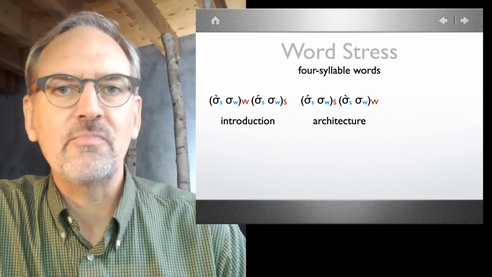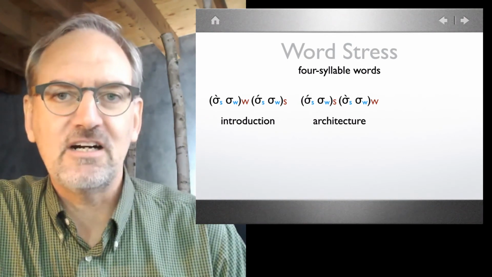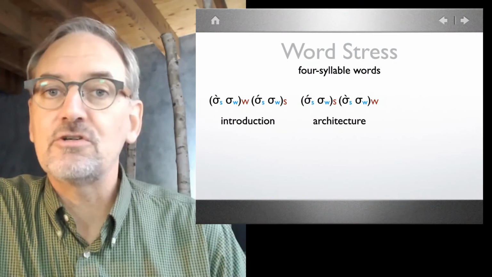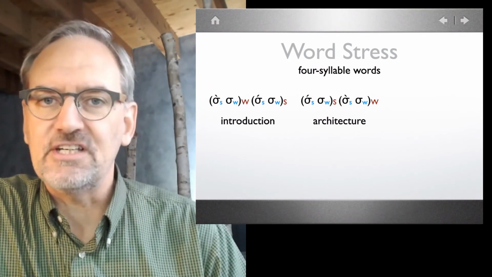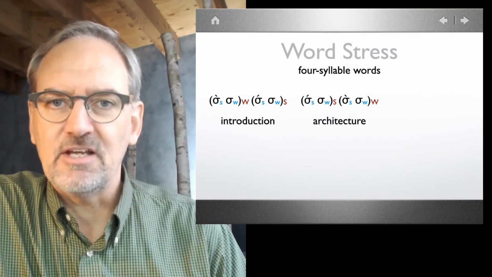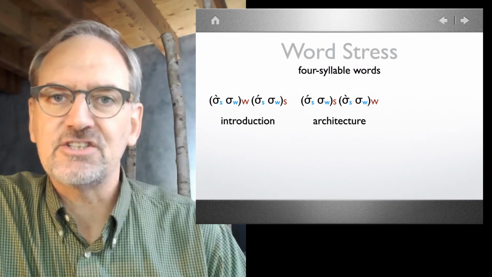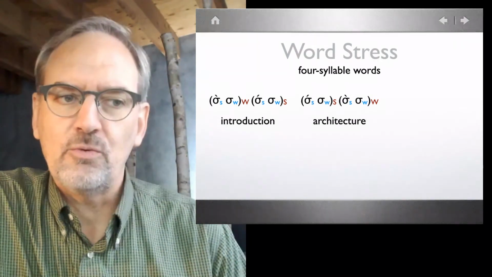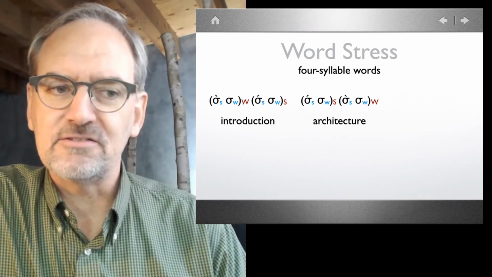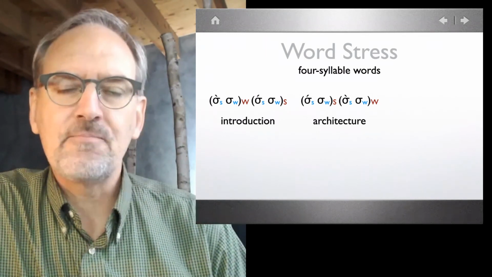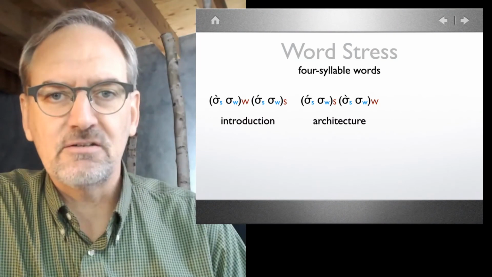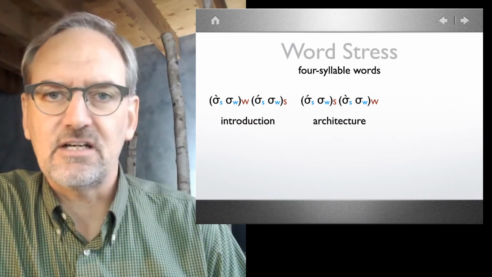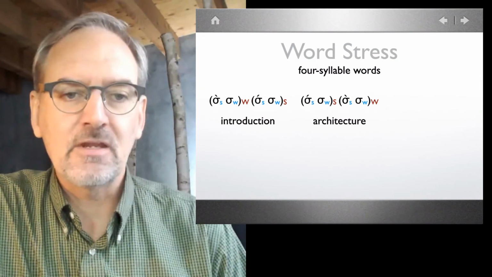Architecture, introduction, architecture. Now we'll learn later what the difference is. Today we're just describing them, and we can see the representations are different. But there is a reason why we arrive at one pattern with a word like introduction and another pattern with architecture. And we'll come to those details later in the course.